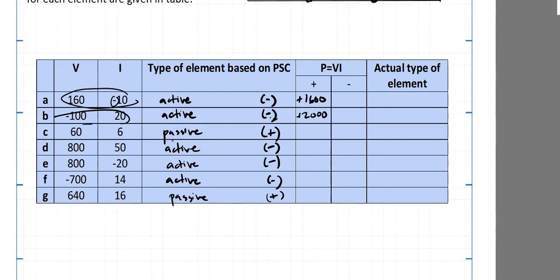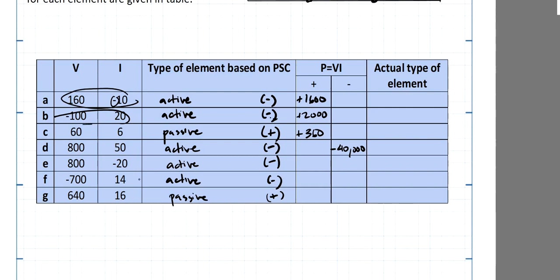Next one is passive. 60 times 6, positive times positive is still positive, plus 360. Next one is letter D, 800 times 50, this is 40,000. This is positive, but it's active, so negative 40,000.